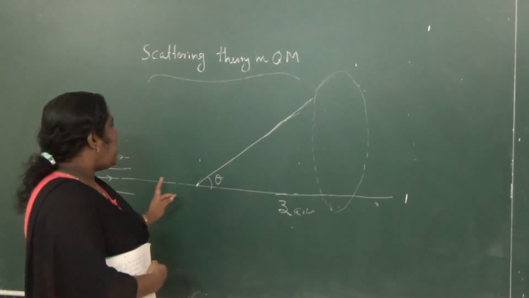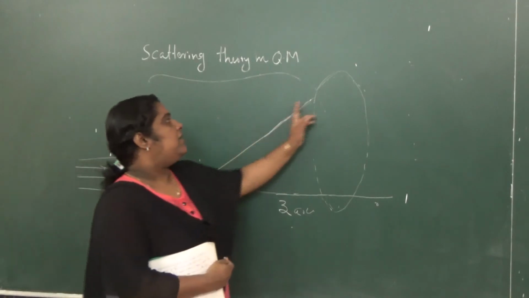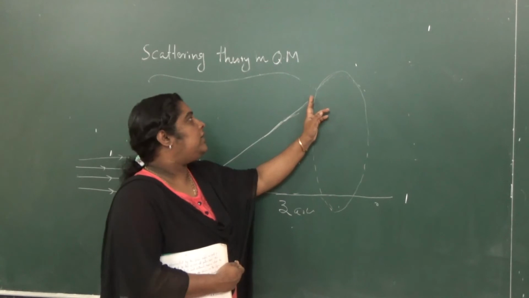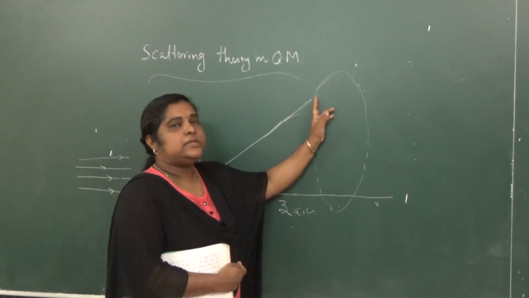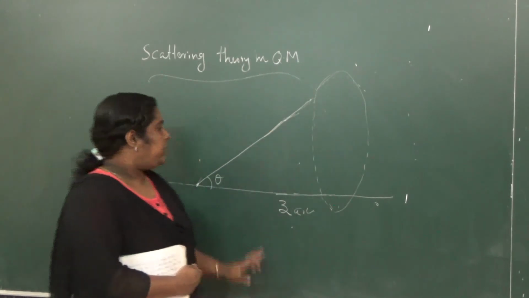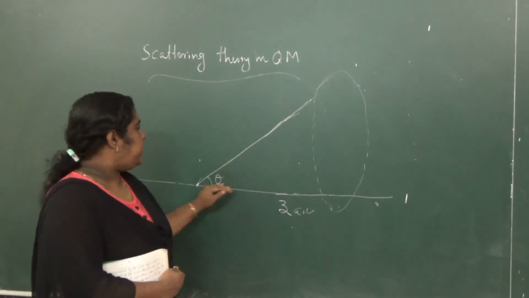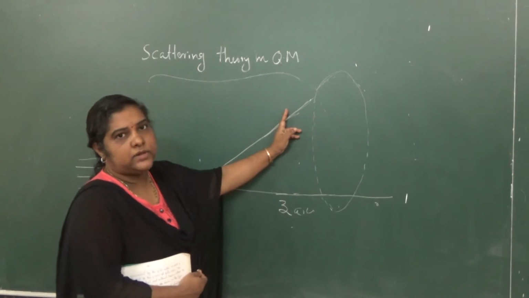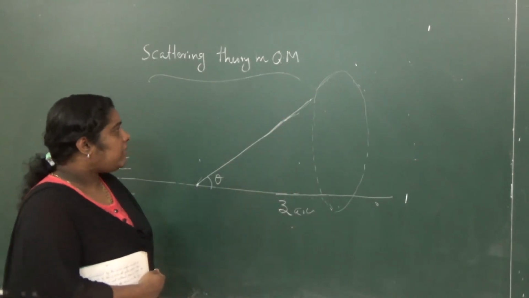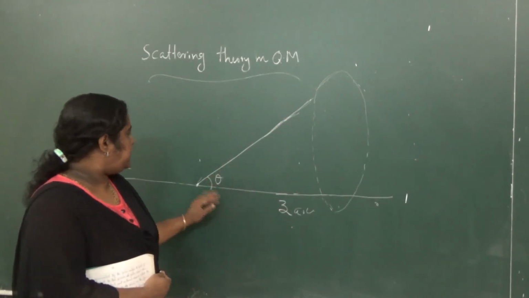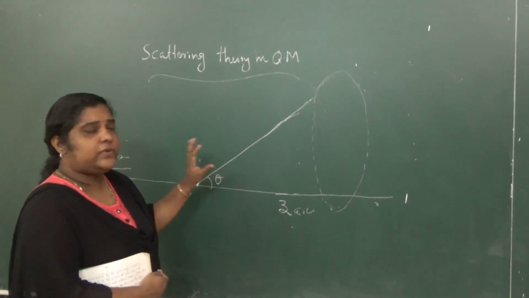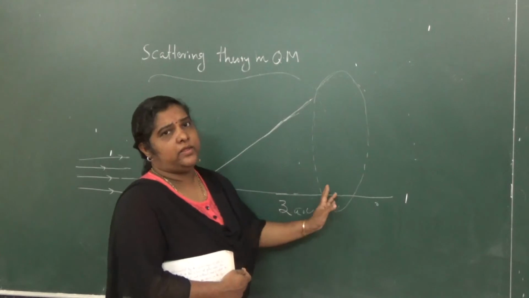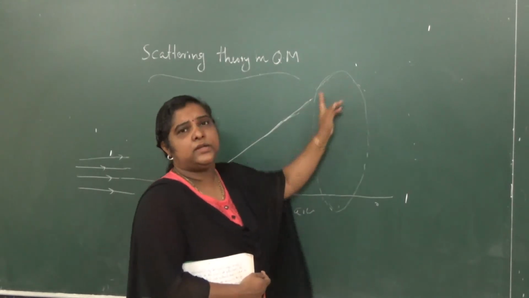So r, theta, phi: r is the distance we have fixed, since we keep our detector at infinity. Theta is the angle between the z axis and our scattered direction. Theta and phi vary when you change the detector position.